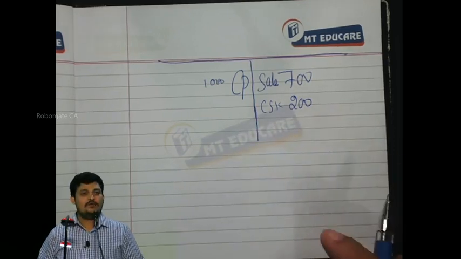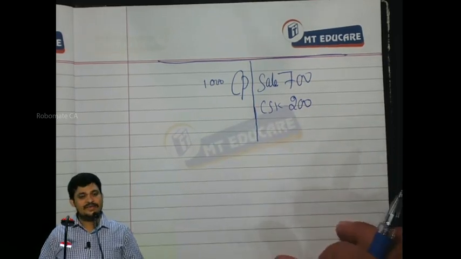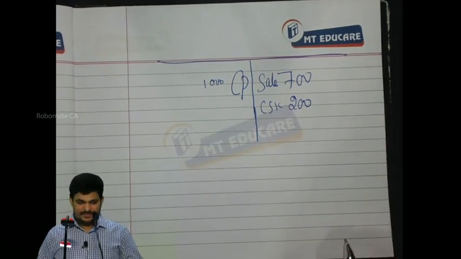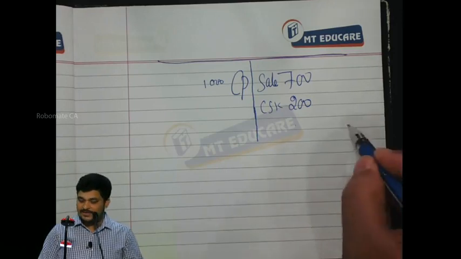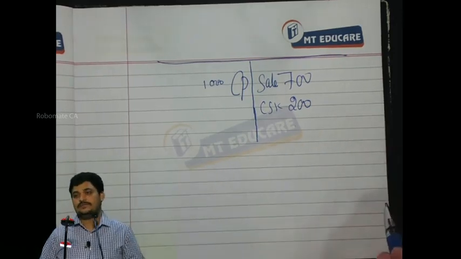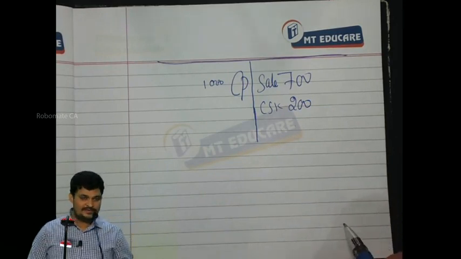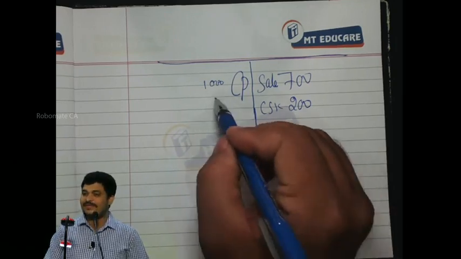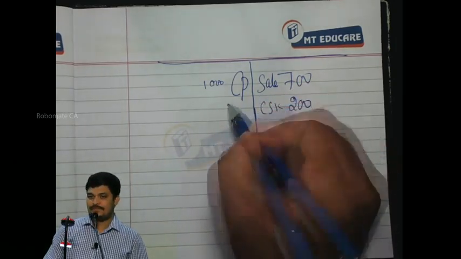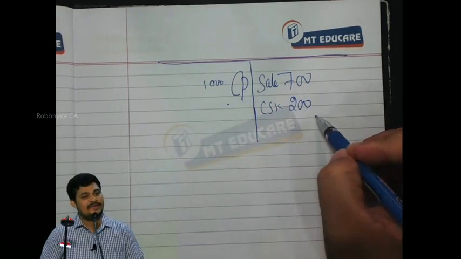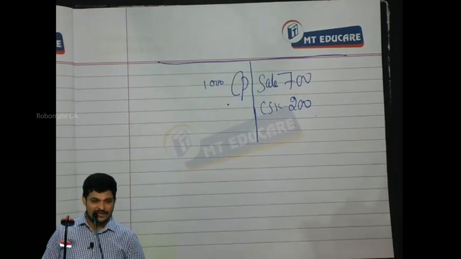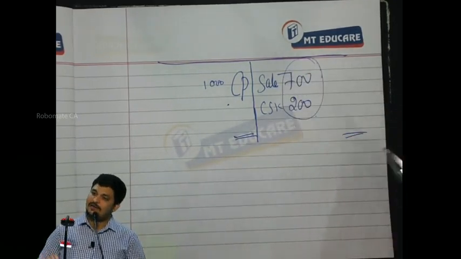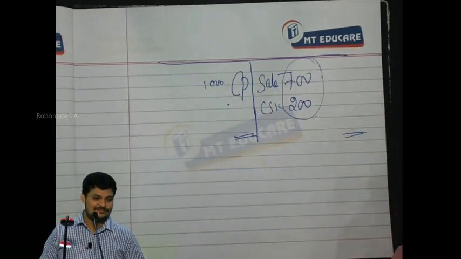Now when I don't make an entry for this 100 units loss, the loss gets automatically accounted. When I don't make an entry, the loss gets automatically accounted because we have debited the cost of how many units, friends? And credit is showing relevant credit only for 900. So these 900 units only are containing that particular loss.